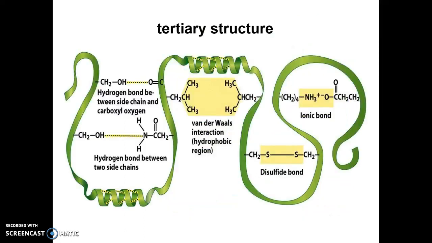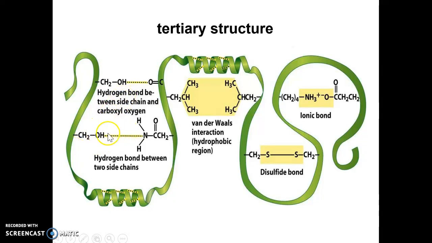In addition to alpha helices and beta sheets, we are going to start seeing other interactions, and those other interactions are going to allow for the tertiary structure or the overall globular protein nature of the protein. And these can include hydrogen bonding, again between the side chains, or hydrogen bonding again within the backbone.